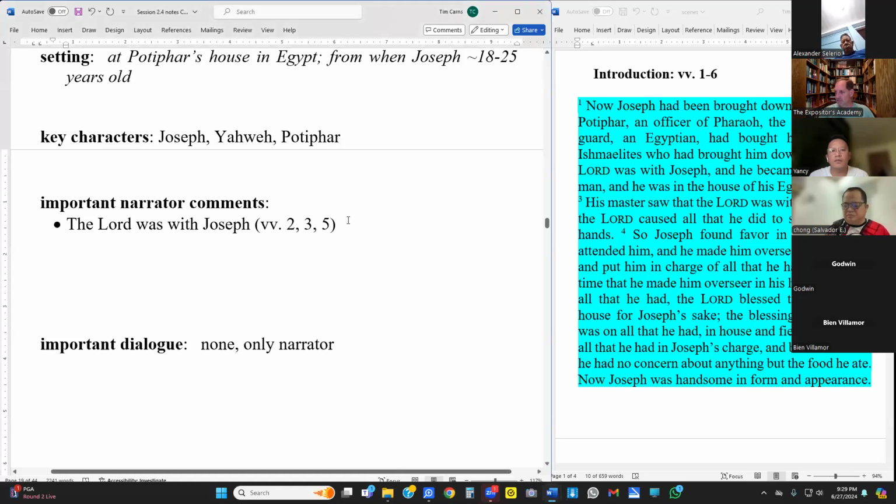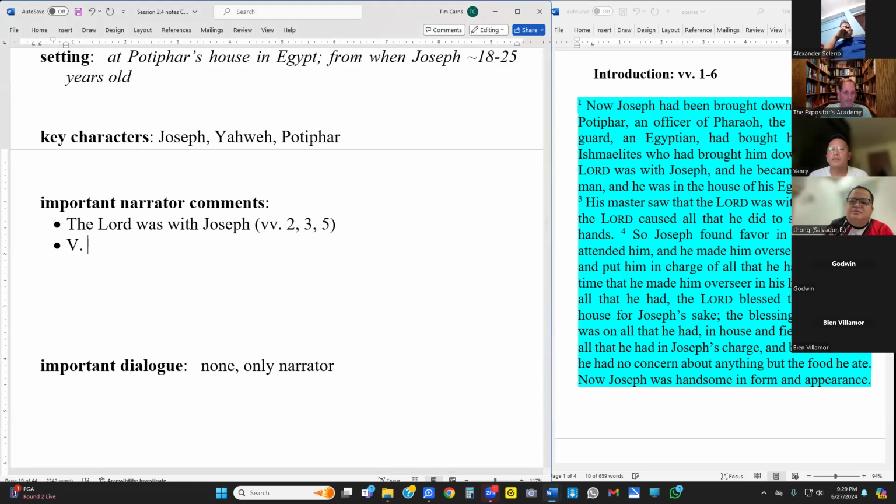Anything else that seems significant in what the narrator says? Joseph found favor in his sight. Good. Yeah, verse 4.